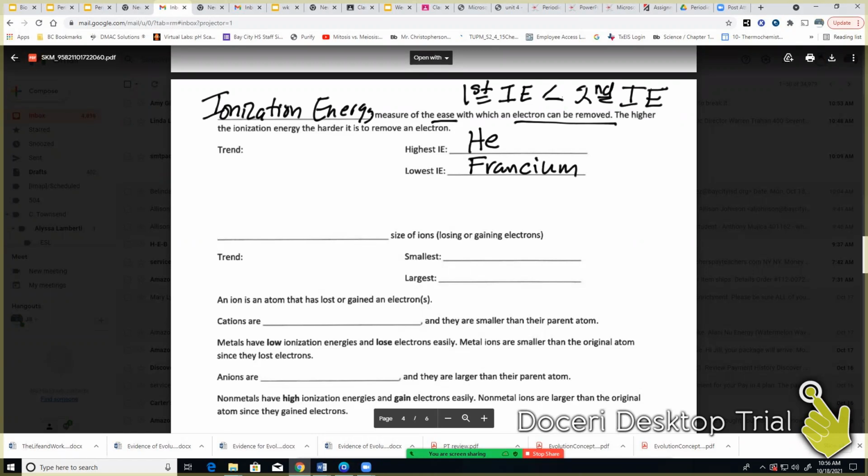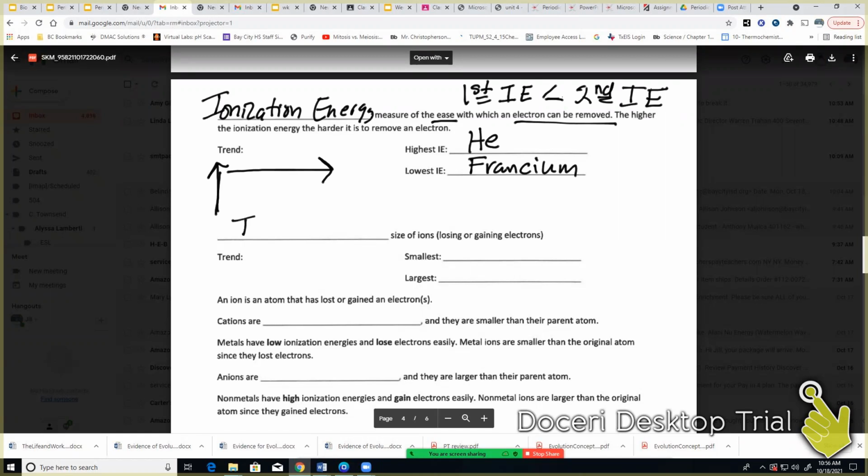And if we looked at the trend with arrows, ionization energy increases as I go across and as I go up a group. So it's going to take more energy to try to remove an electron from a non-metal than it does from a metal.